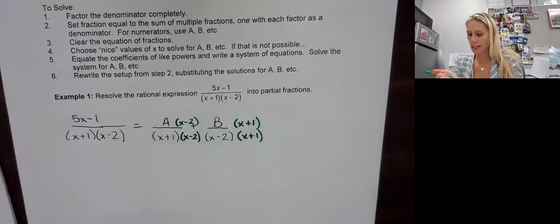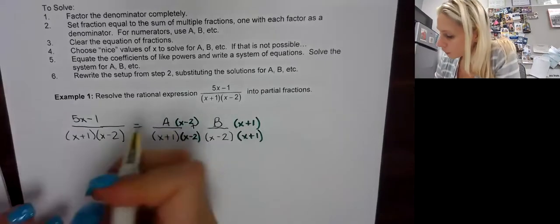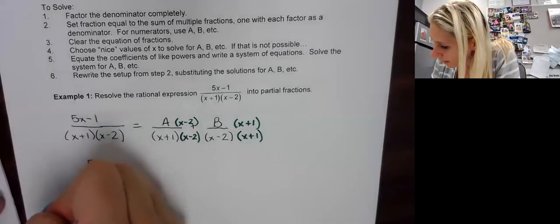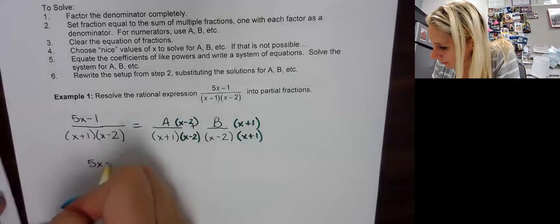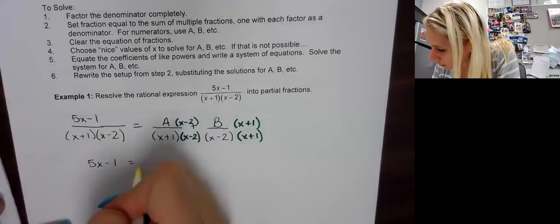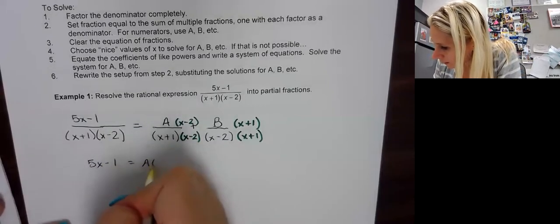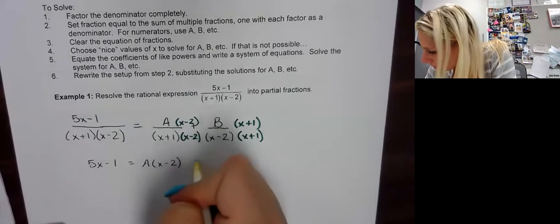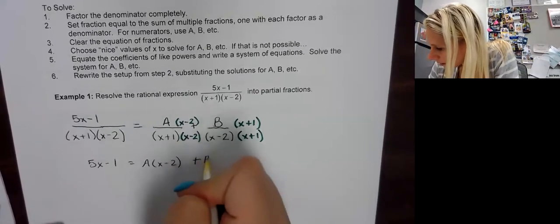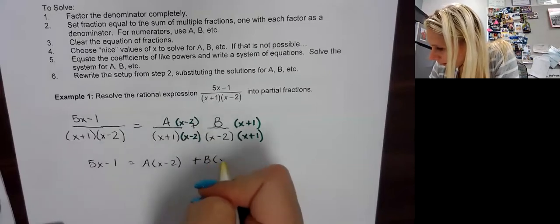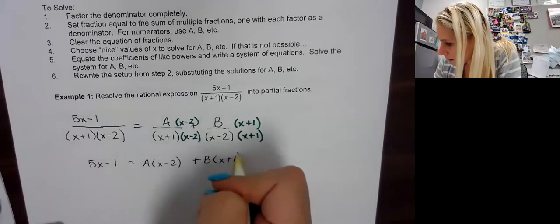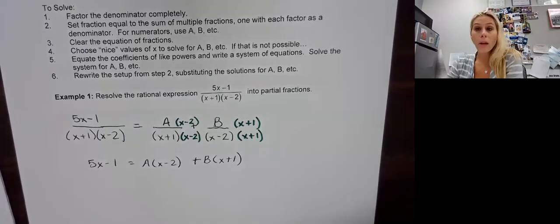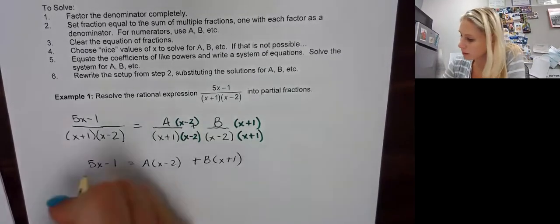So let's do that now. If I just look at the numerators, I have 5x minus 1 equals A times x minus 2 plus B times x plus 1. Next, I will distribute these out.